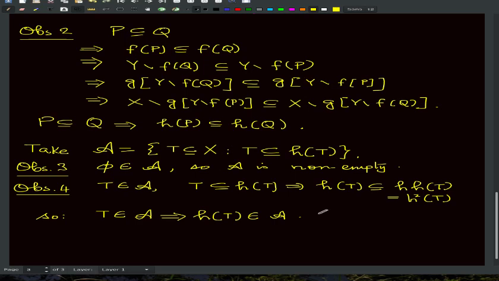So you start from the empty set, h of phi is still in there, h of h of phi is still there, and so on and on and on. So now the most natural thing is to take this union.